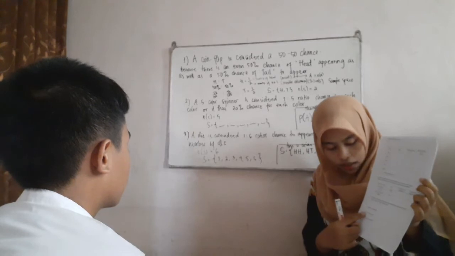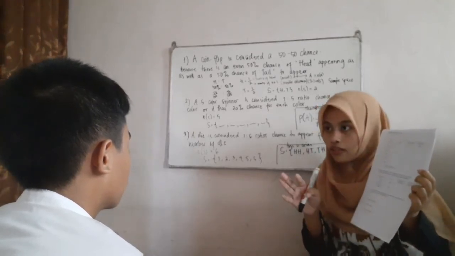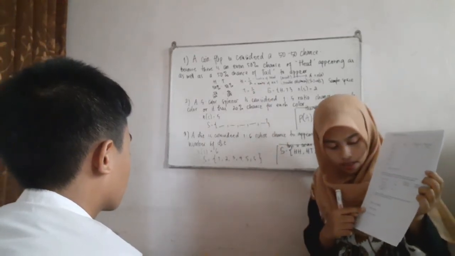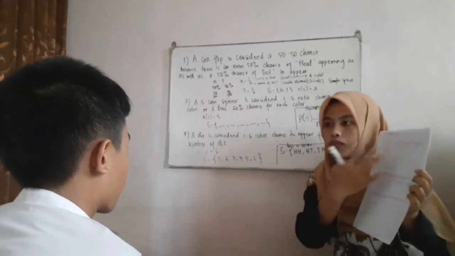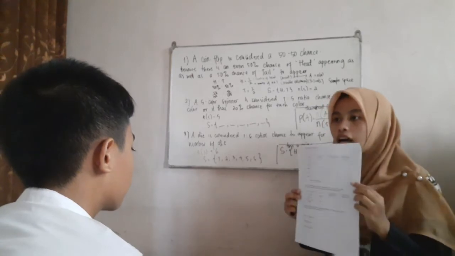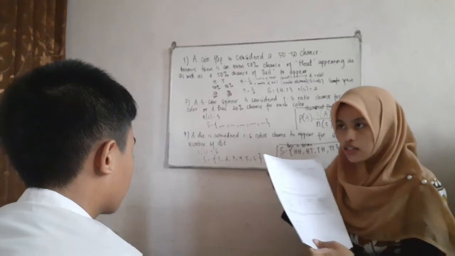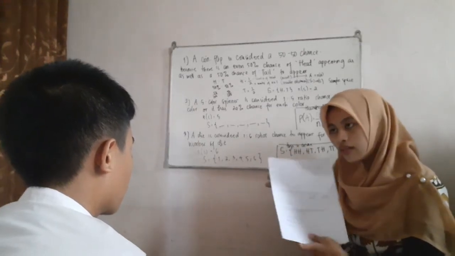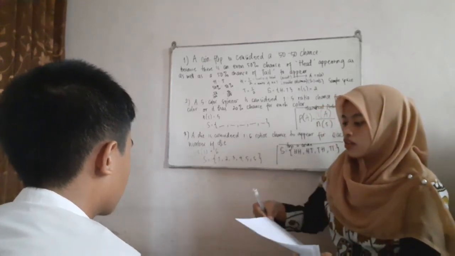Then you write your hypothesis about the chance of this activity, then you write the result you get from the experiment, and you can write your conclusion. After that you must show me your results in front of the class. Okay, you understand? Yes, Ma'am. Okay, so let's do it.